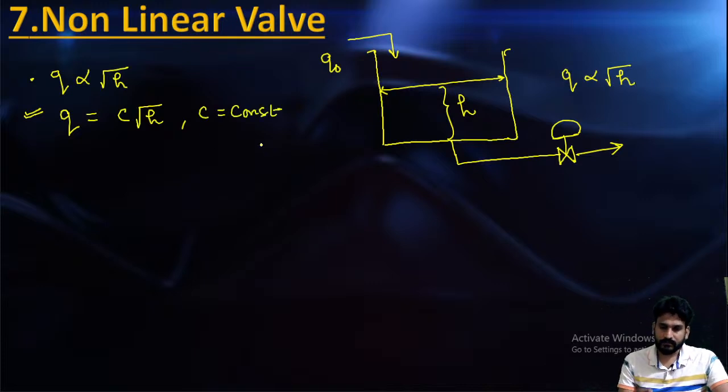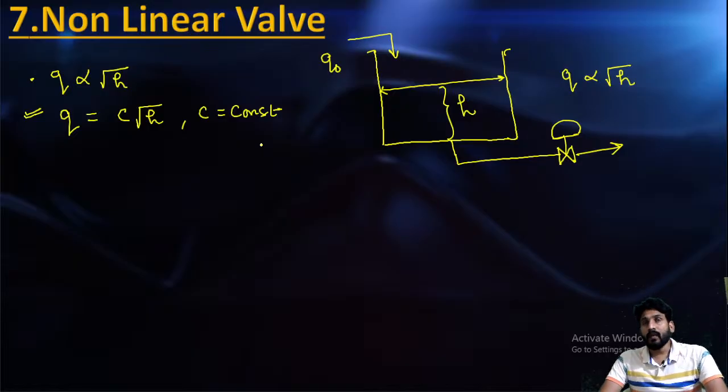Now what is the requirement here, how do we solve this? As we know, this tank system is a first order system. To model a first order system, we have to use a first order differential equation.